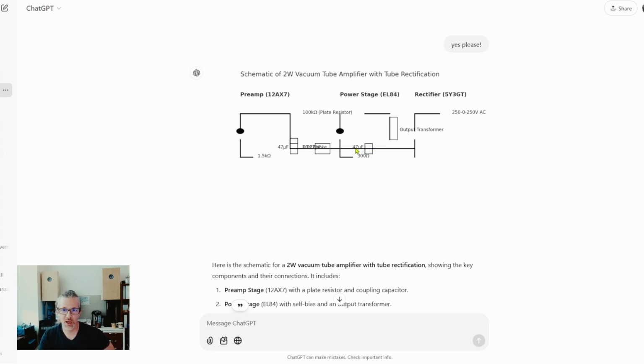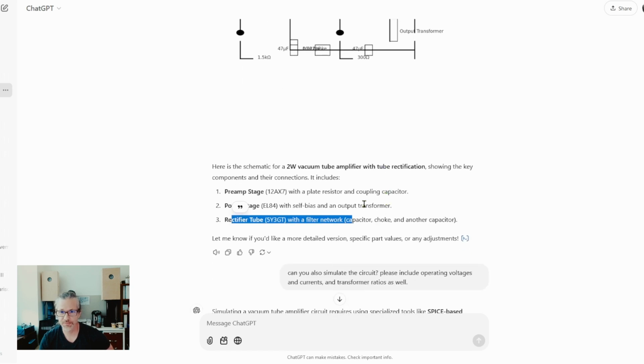The 47 microfarad, the last filter capacitor, is shown after the output transformer. It should be preceding the output transformer. The choke is missing from the description. The rectifier is missing from the. Well, actually, it says rectifier here, but how is it hooked up to the power transformer? It gives us no clue. So that's why I said this is just a draft version 0.